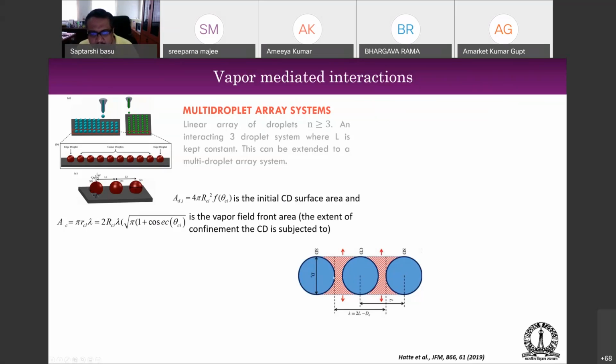So when these droplets actually evaporate, these regions, which have been marked in red, are vapor-rich regions. That means, for example, if these are water droplets, these regions will have a higher relative humidity, so to say. That means it will have a higher concentration of the vapor. Now, moment it has a higher concentration of the vapor, what will happen?